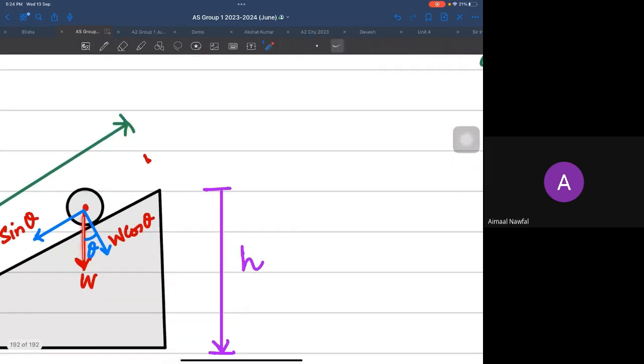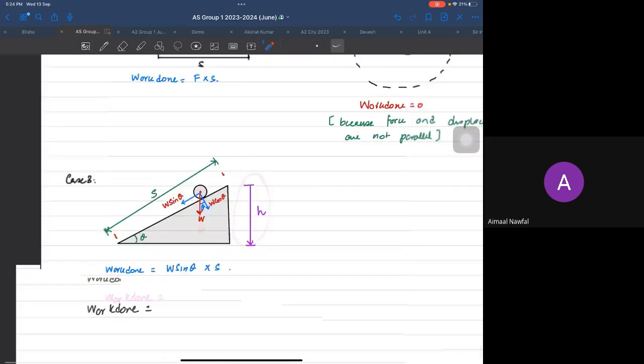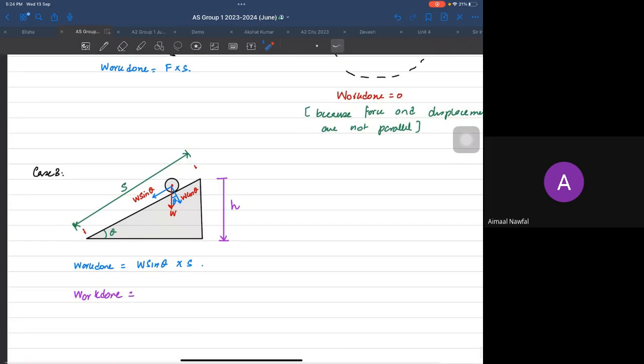So this force W is parallel to this height. So then we would take work done to be W times h. Do you guys get it?